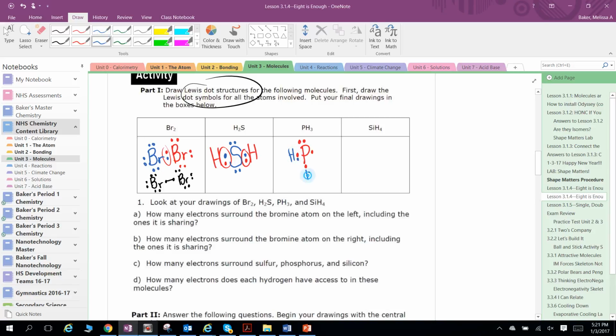So my hydrogens are going to want to share their lonely electron with phosphorus's lonely electron. Silicon has 4 valence electrons since it's in group 4A, and so each hydrogen would want to share one of those 4.